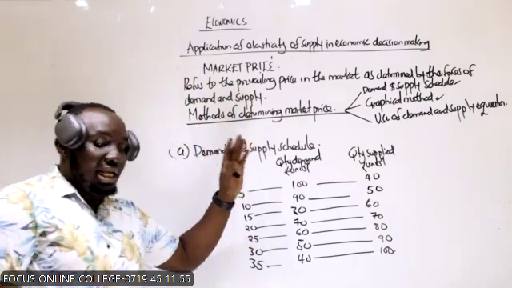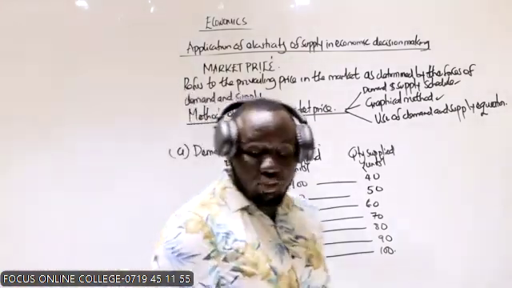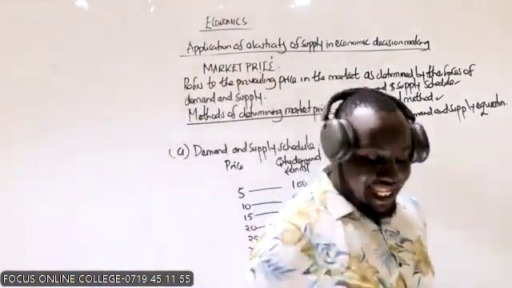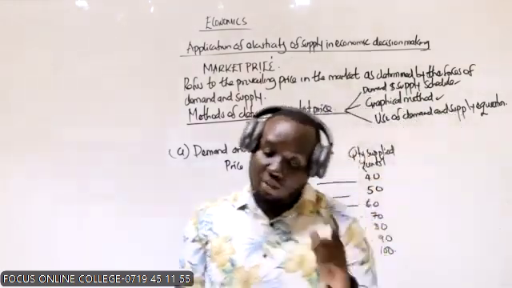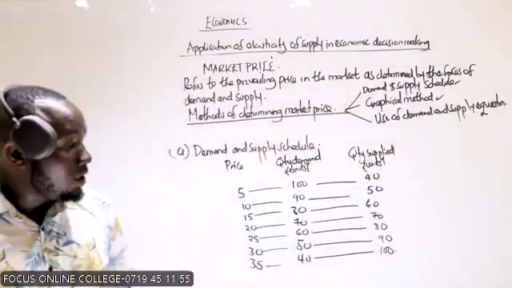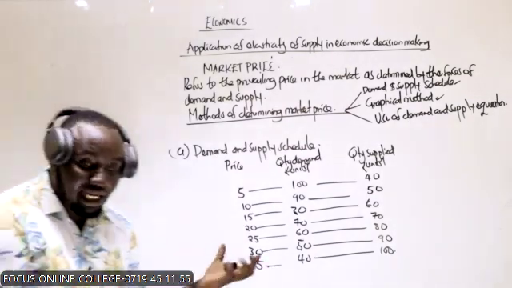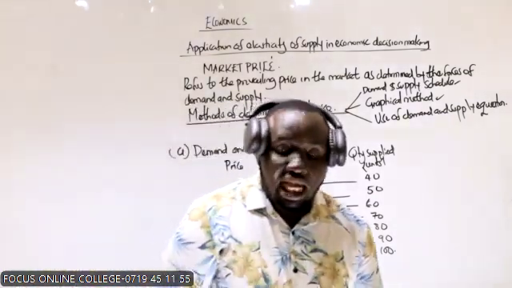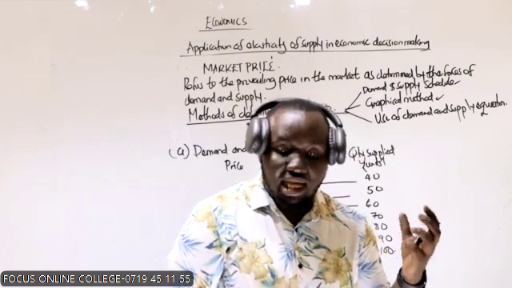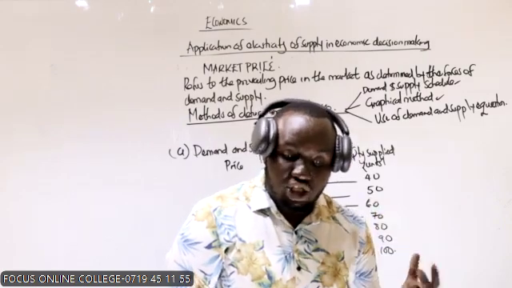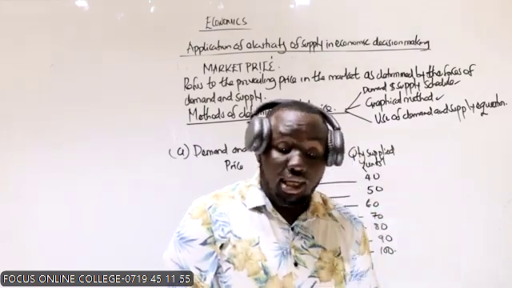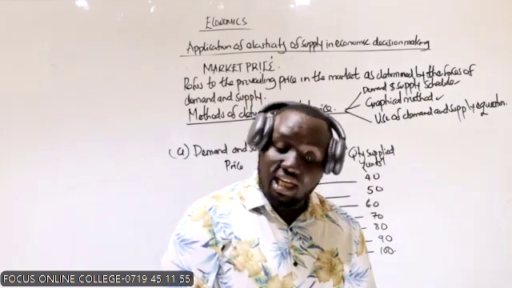So this is the supply and demand schedule. We respond with a yes. Perfect. So when I'm using the supply and demand schedule, how do I establish the equilibrium price, or market price?